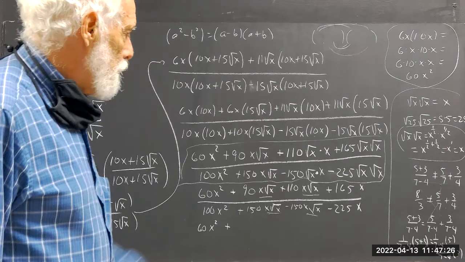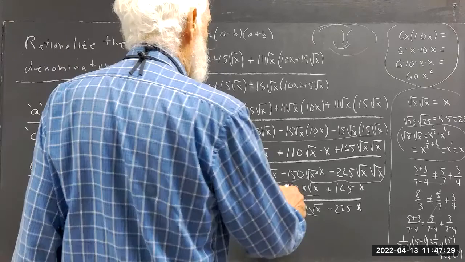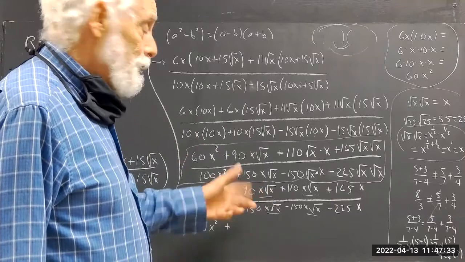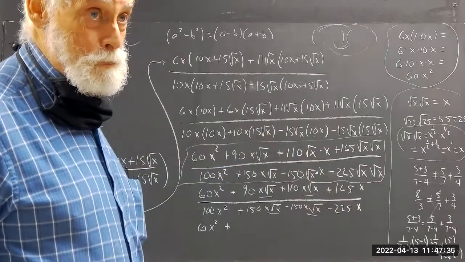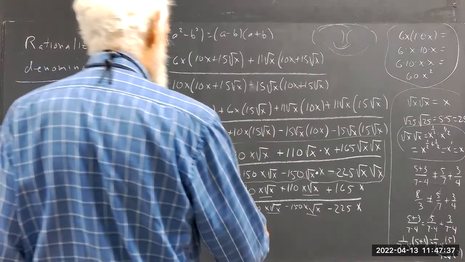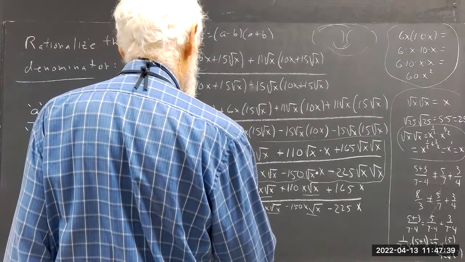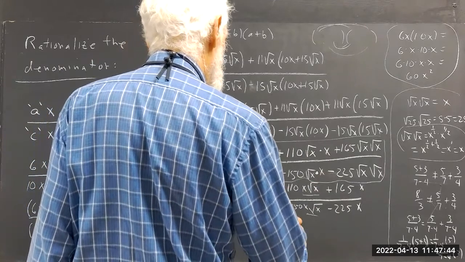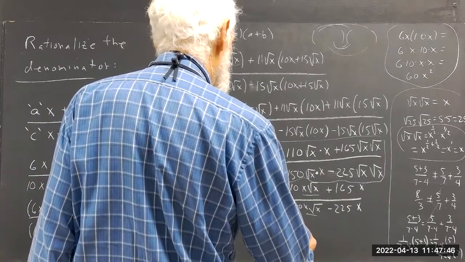This and this. The reason you can add the 90 and the 110 is because of the distributive law. This is plus 90 plus 110 times x square root of x.